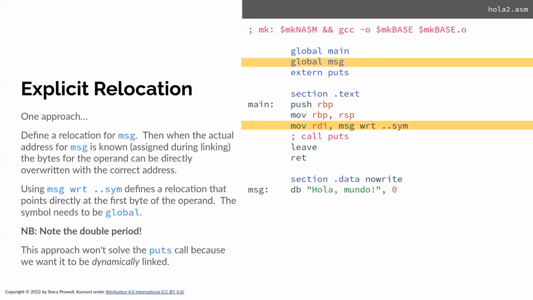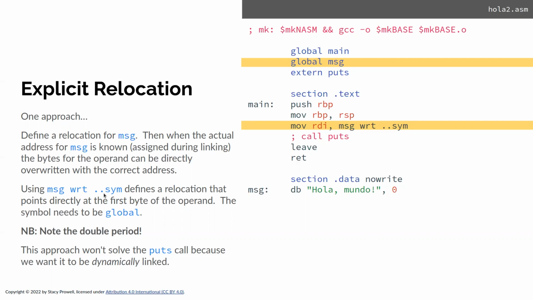So, one approach is to define a relocation, right? Those are those 0 bytes that we'll fill in later for a message. When the actual address for message is known, and that can be assigned during linking, the bytes for the operand can be directly overwritten with the correct address. And I can use this structure right here: message with respect to ..sym, not the double period.